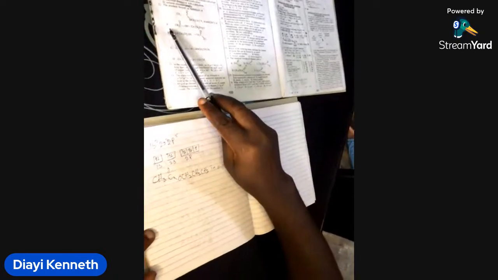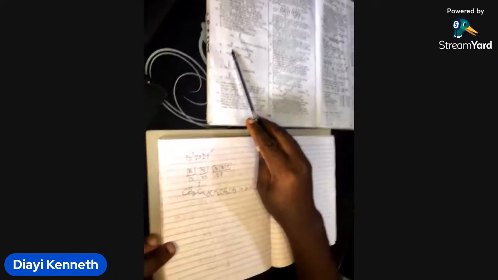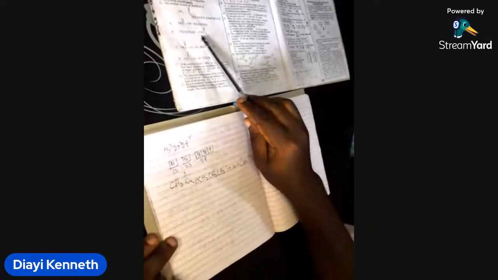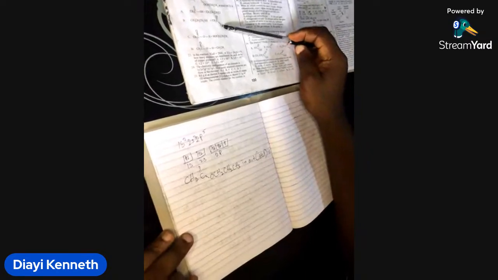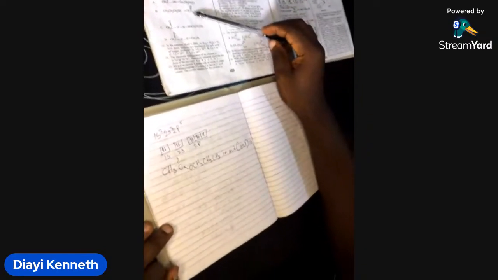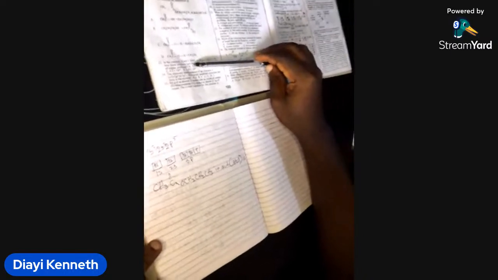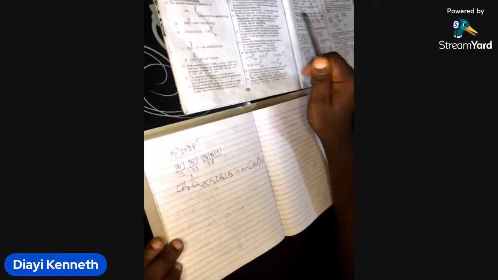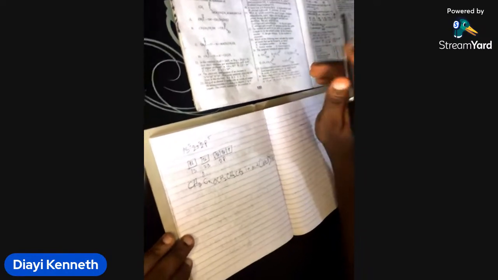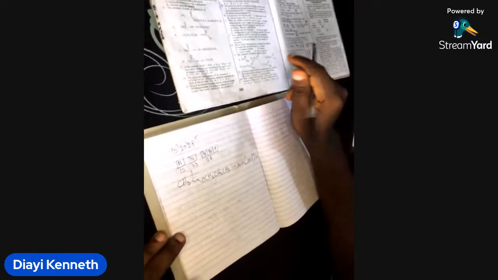Now, you can see the options. Option A, CH3C=OCOH. If you have the paper, please look at your options. From your options, the correct answer is C. Your correct answer to number 22 is C.